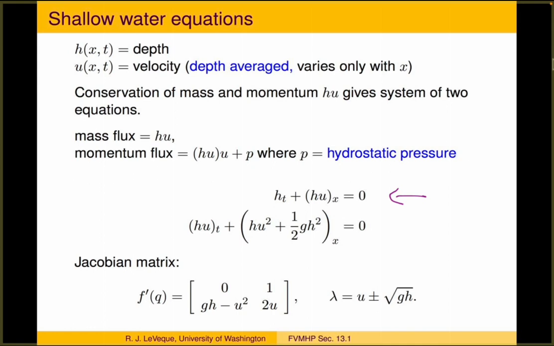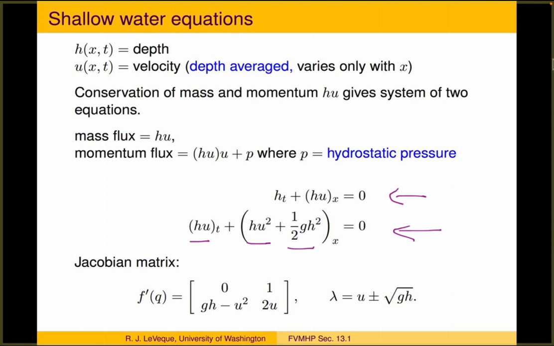And for the conservation of momentum hu, we have an equation that looks similar to the conservation of momentum in one dimension for a gas. hu is the conserved quantity, and hu multiplied by u is the flux of that quantity due to simply advection. Any momentum that's in the fluid is being carried with the fluid downstream, so that gives the advective flux.